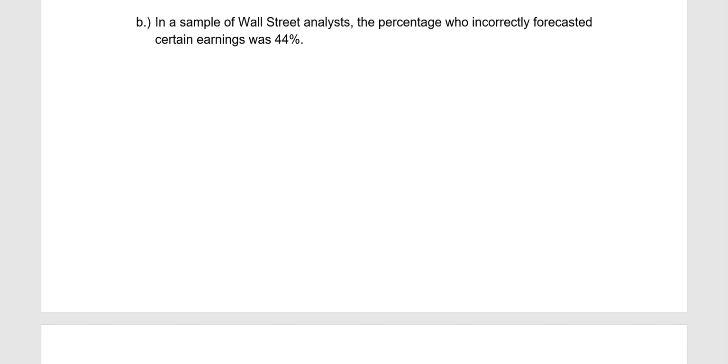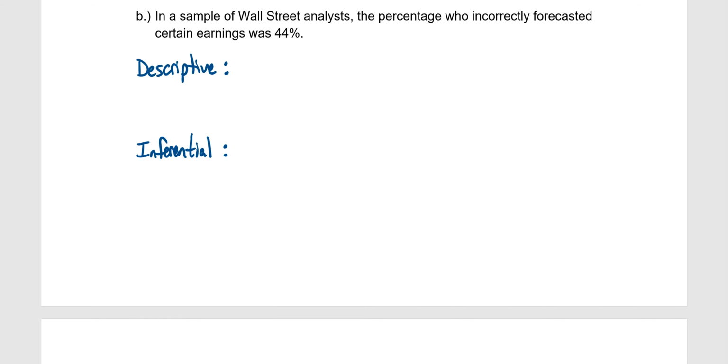Okay, and then one more here. In a sample of Wall Street analysts, the percentage who incorrectly forecasted certain earnings was 44%. So for the descriptive statistics, we want the data. The data says that 44% of the analysts forecasted the earnings incorrectly.